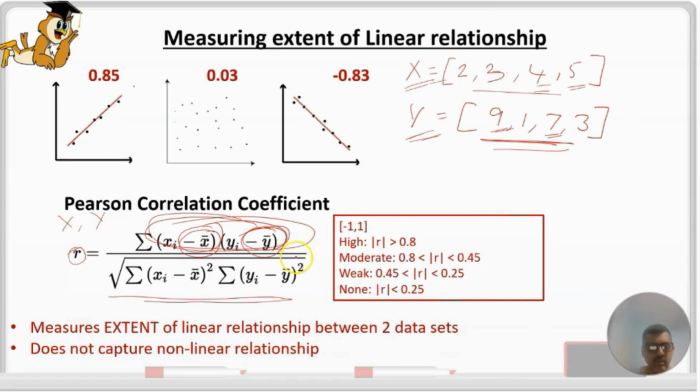And of course, if you're wondering what the denominator is doing, it's just scaling. It's measuring the magnitudes of the two data sets and dividing by them, because you don't want a scenario where the correlation between x and y changes by a factor of 10 if, instead of 2, 3, 4 and 5, you took 20, 30, 40 and 50.